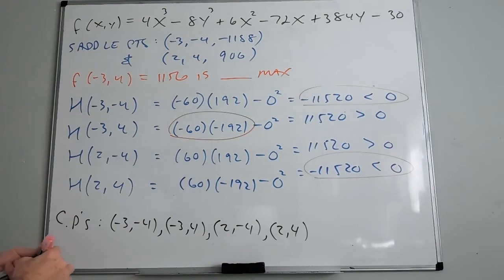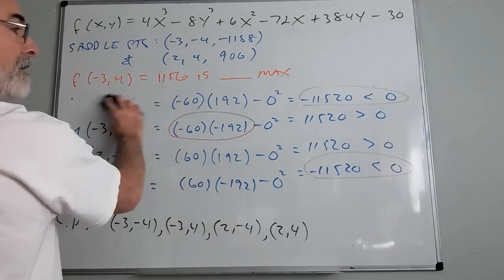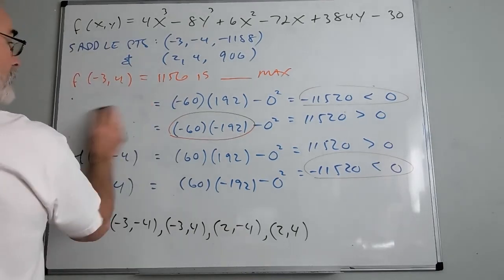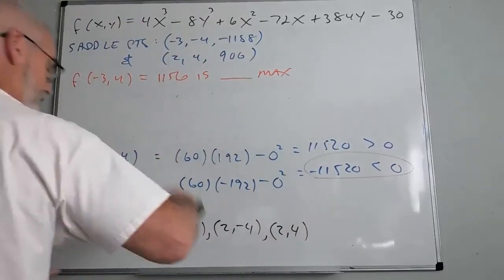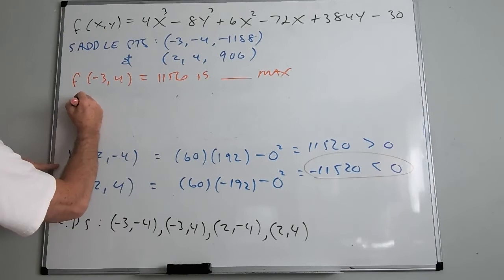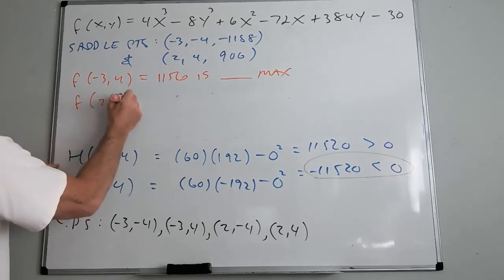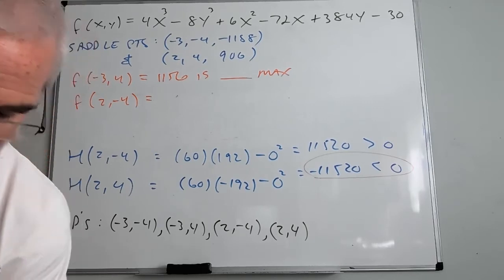And similarly, I think I'm done with this really anyway. You identified this one as well. So F of 2, -4. So let's figure out what the Y value there is.